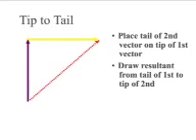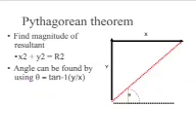So if we had a vector that was going maybe 10 meters north, and our next vector, let's say, was 6 meters to the east, we would put the tip on the tail of the second vector, and then our resultant goes from the beginning to where we ended up. This will be the side that we are going to be looking for. So to solve for that third side, we're going to use Pythagorean theorem.